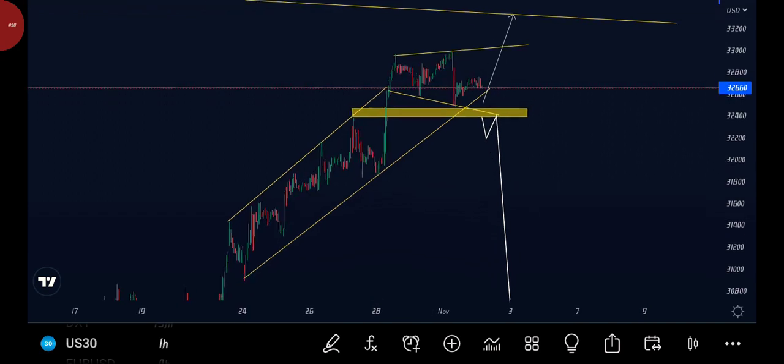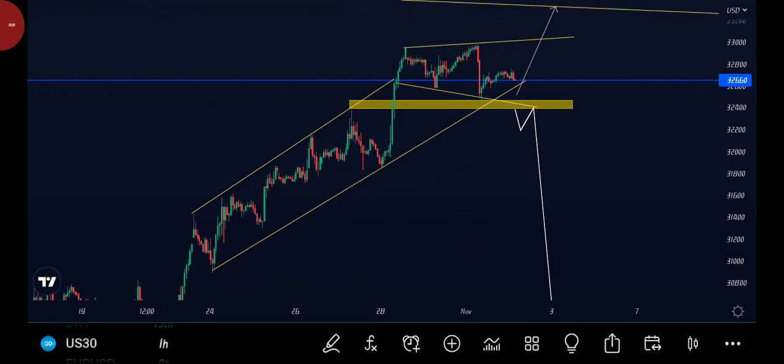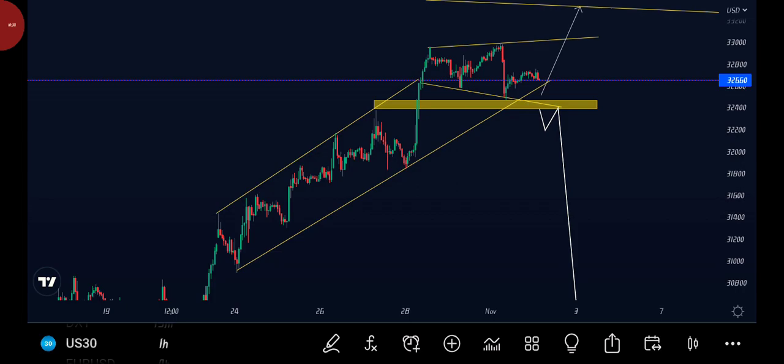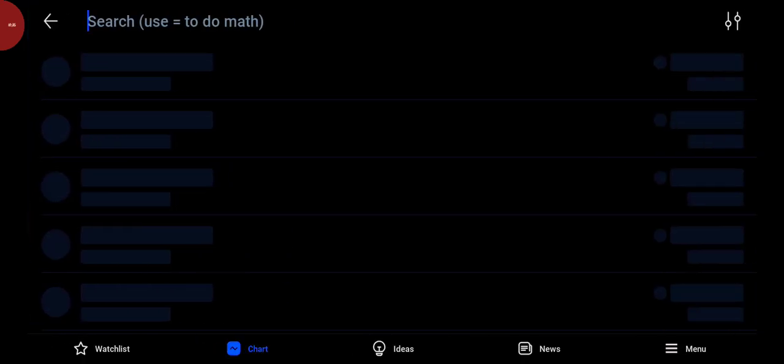So there is high probability of US30 to buy, yes, if it retraced there, if it fails to break this support. And also if it breaks the support, there is high probability of it to sell after the retest. So that is it.